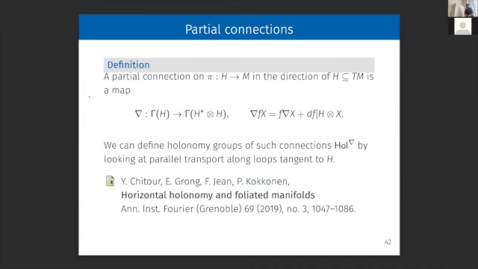Now, why does it help to have a partial connection? Well, in an unrelated work with some other people, I showed that there is a way you can define and compute holonomies of such partial connections. So you can take loops that go along H, and you can define groups. That means that canonically, to these structures, we now have some associated holonomy groups.